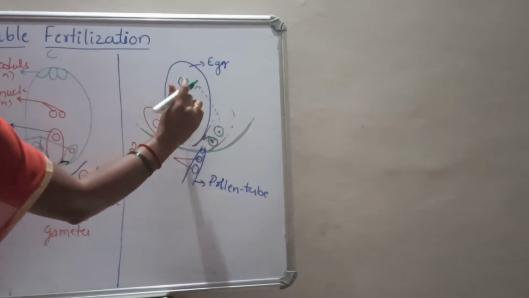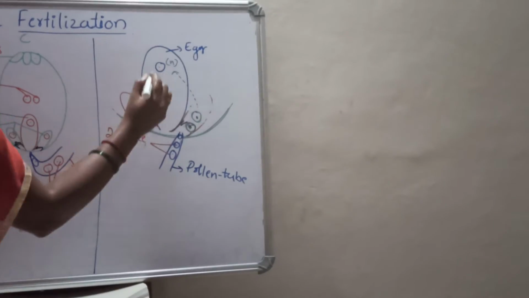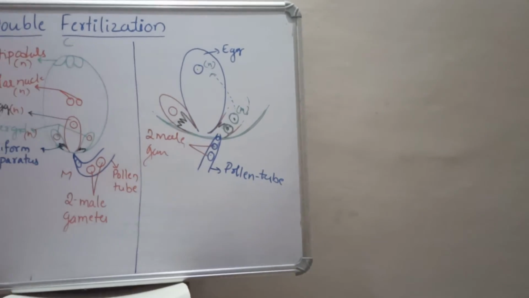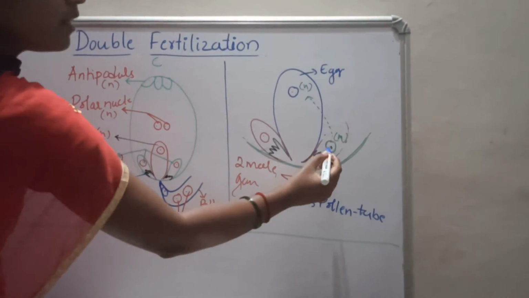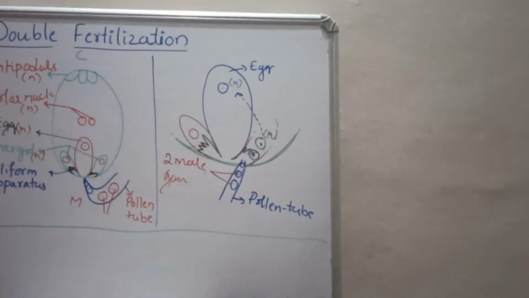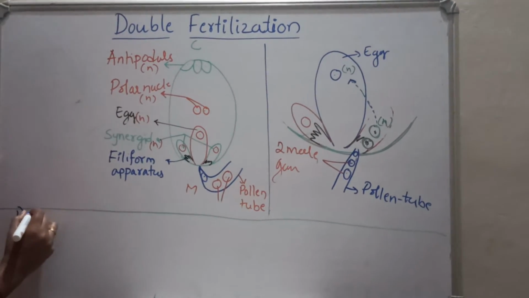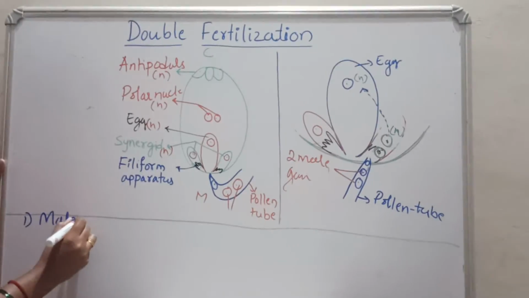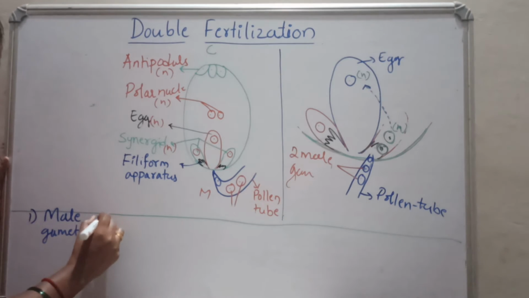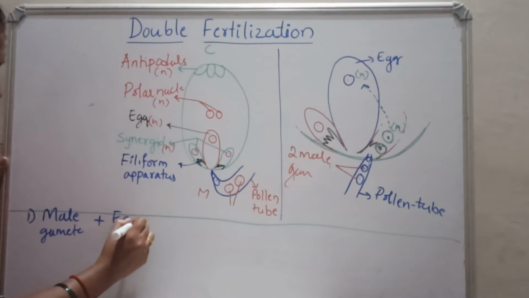This egg cell is haploid, and the male gamete is also haploid. This is the first fusion, where one male gamete fuses with the egg.